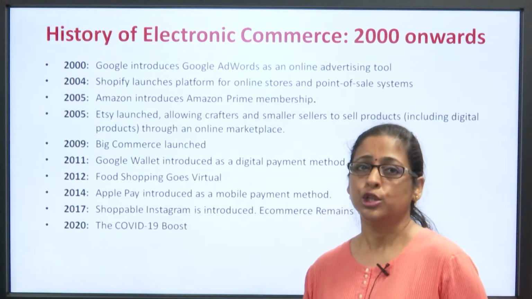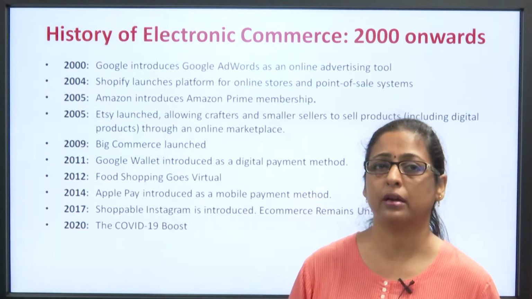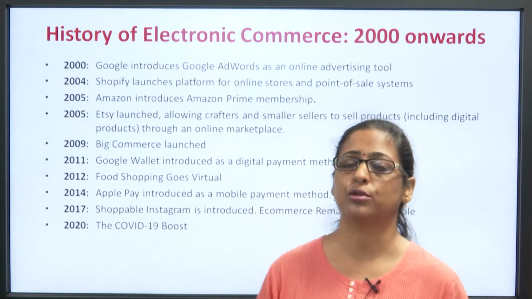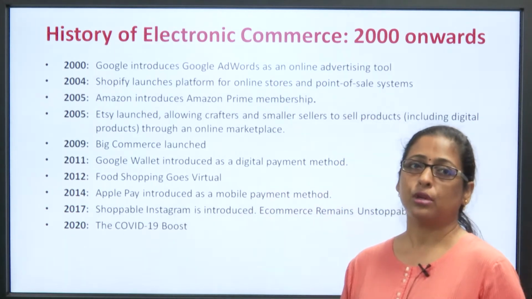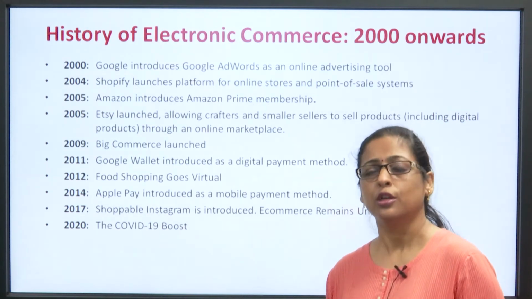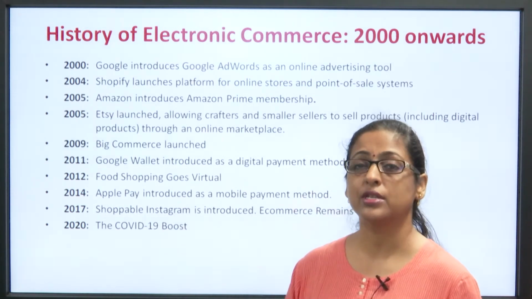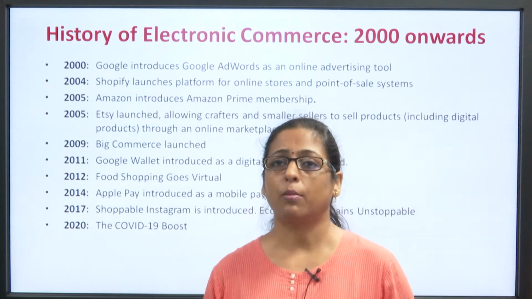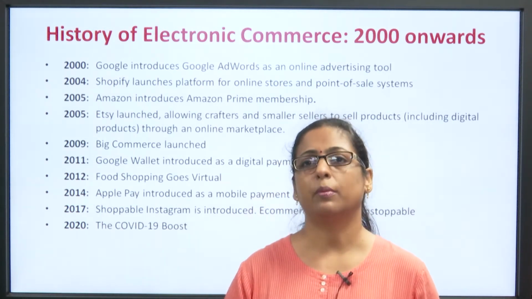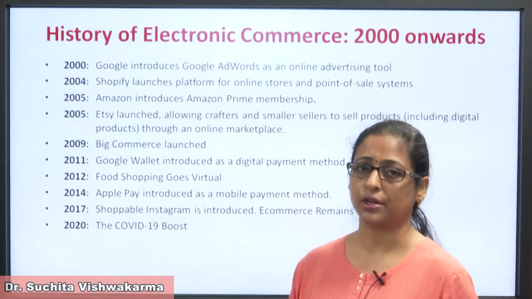In 2012, even the food industry went online, and food shopping also went virtual. Then in 2014, Google Pay introduced a mobile payment method. So, there were a lot of companies who were striving and trying to come up with newer concepts of easing the complete e-commerce transactions.